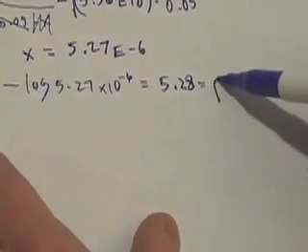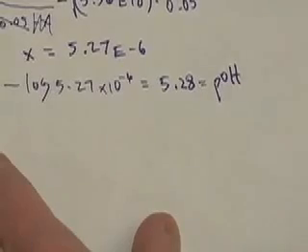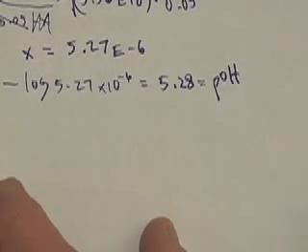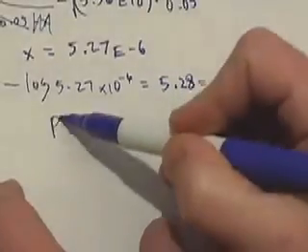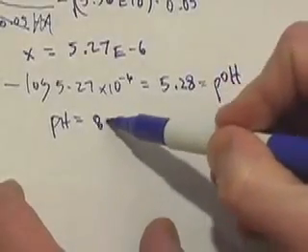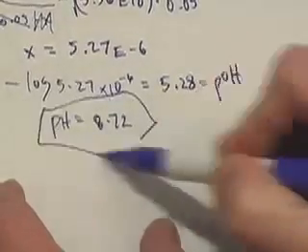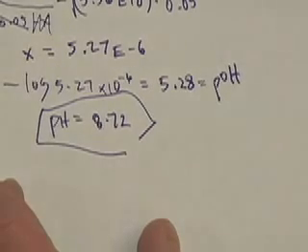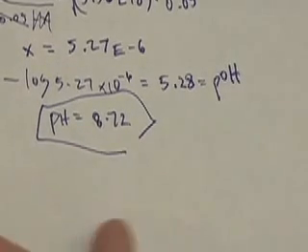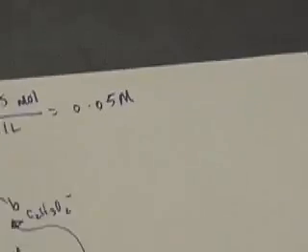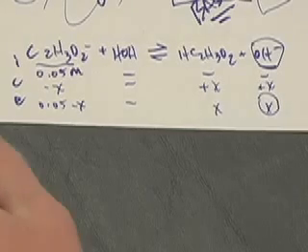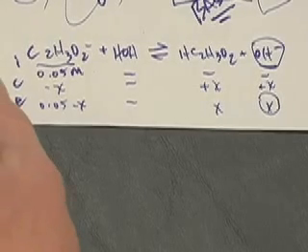That's equal to my pOH, and to find the pH, then I subtract it from 14, and then I get a pH of approximately 8.72, which makes sense because the solution is slightly basic, just a little bit basic, remember, because of this anion right here being present at the equivalence point where both my moles of acid, my weak acid, and my strong base are equal to each other.